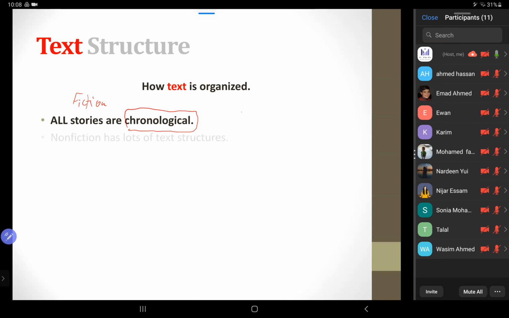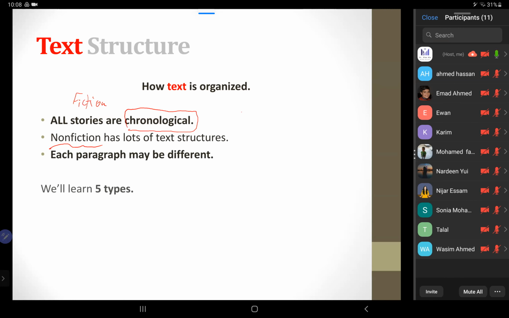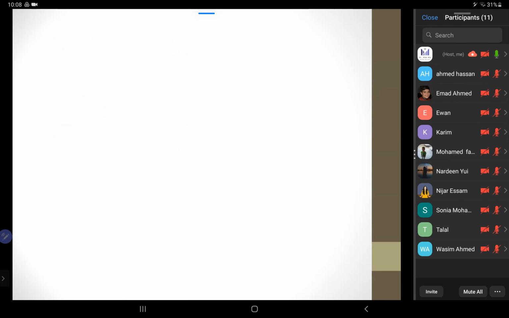Now let's discuss non-fiction. Non-fiction has different types of order of the text organization. And most of the time, each paragraph has a specific text organization. But mainly we have 5 types. Let's learn the first one.